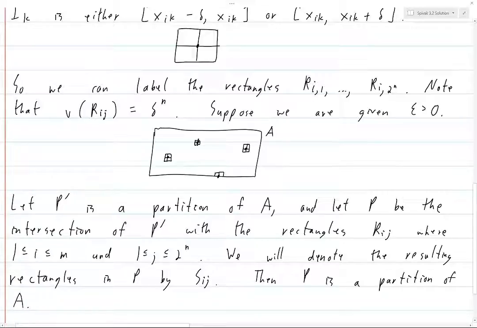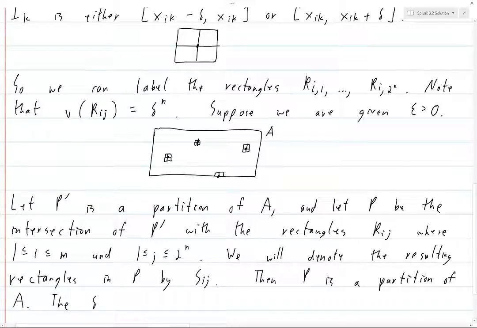Okay, so let's back up. Some of these things that I've described here are a little hand-wavy. So what we're doing, in order to get this partition P, we start with P prime. Wait, hold on.